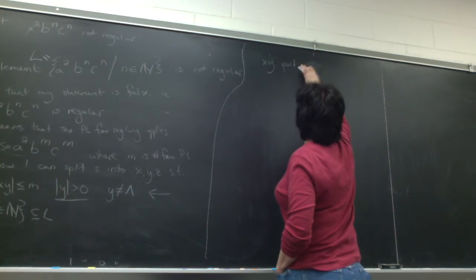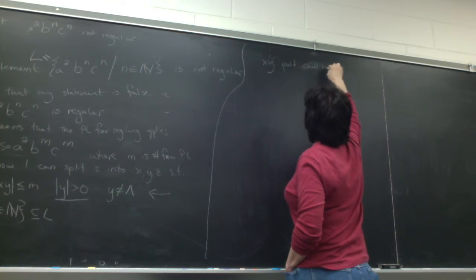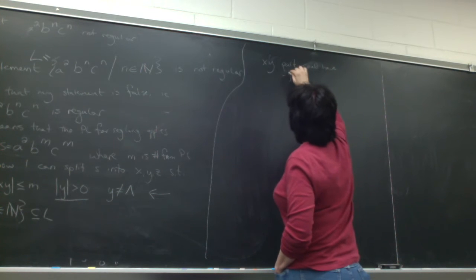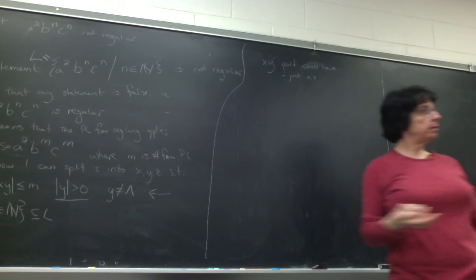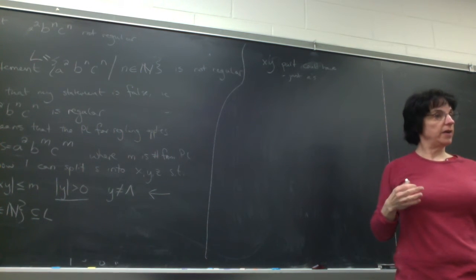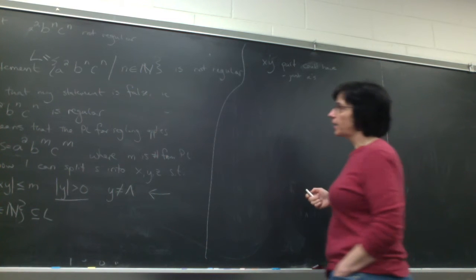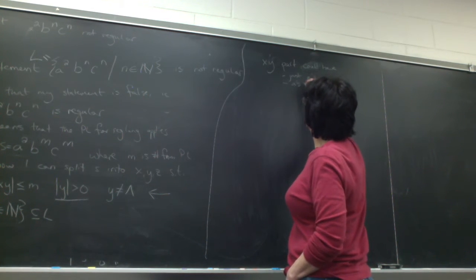The xy part could have just some a's, right? It's possible that the xy part is just some a's, so there's two a's in the beginning. It could have some a's and b's, right?